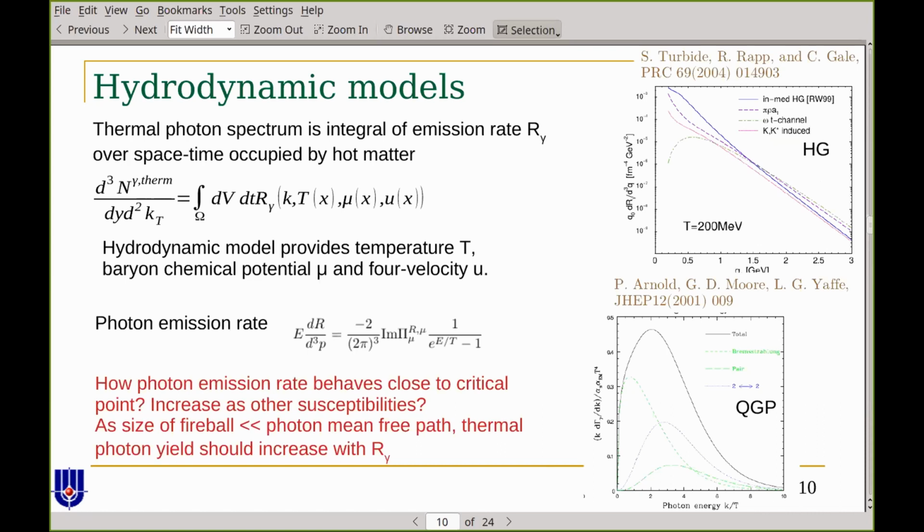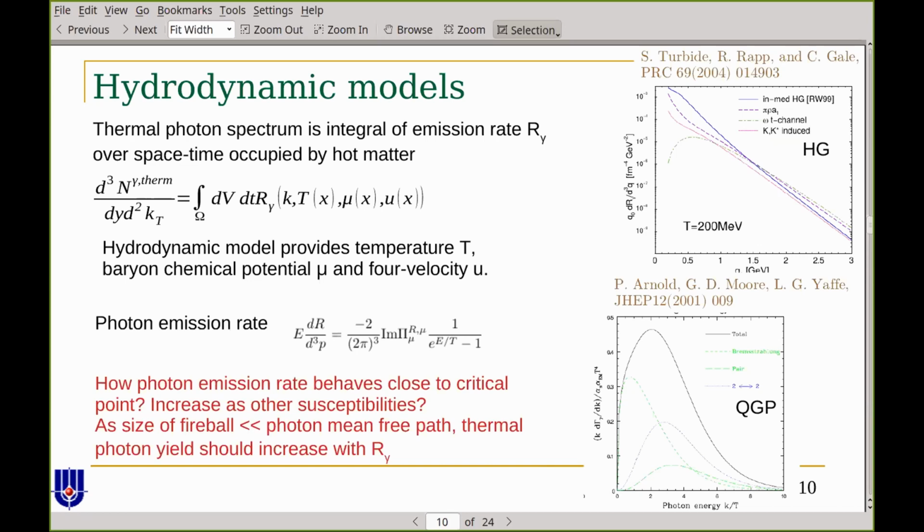And it is important because the mean free path of photons is about 100 times larger than the typical size of the fireball. So photon emission is not saturated, and the yield will proportionally increase if the emission rate increases as the system goes closer to the critical point.